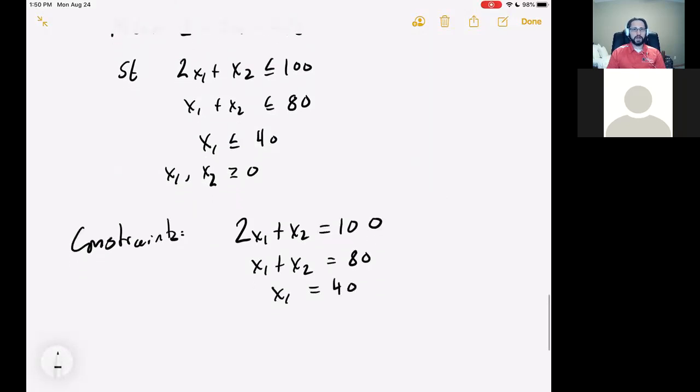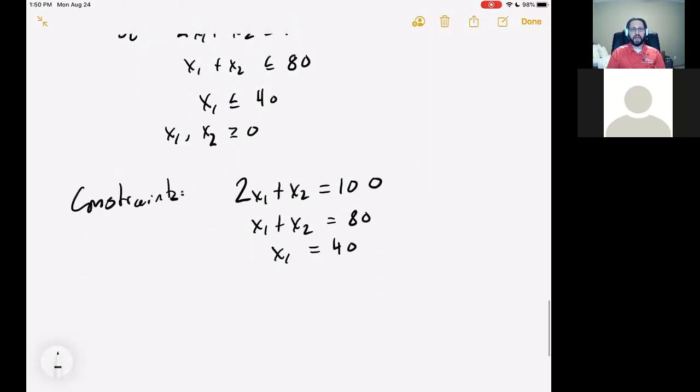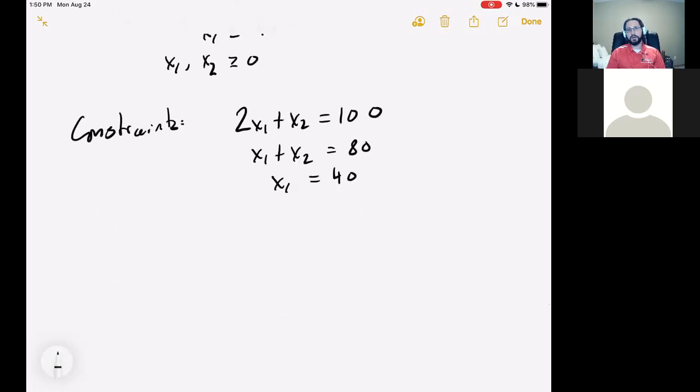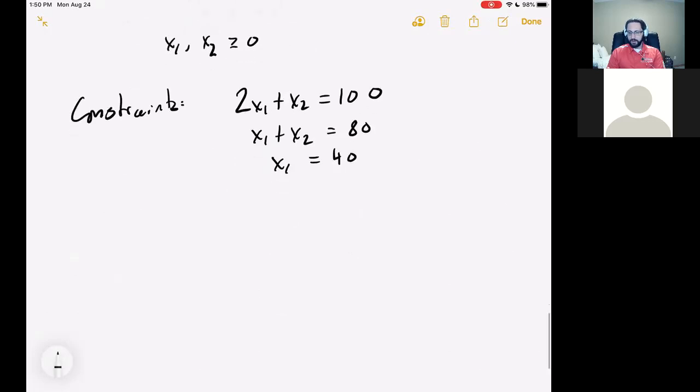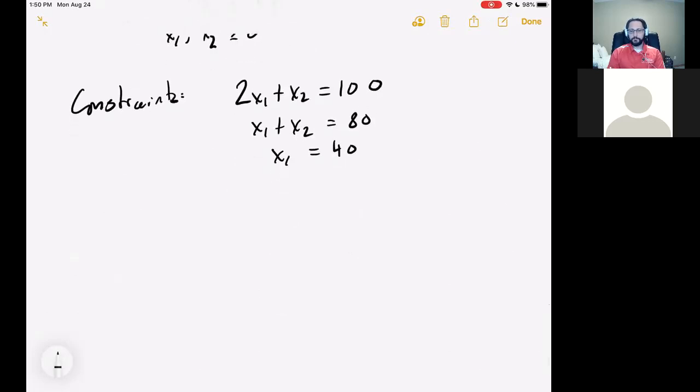The reason I'm choosing to do this is we have a lot of practice from algebra learning how to graph linear equations. I'm going to do this by denoting x2 as the vertical coordinate and solving for x2. That yields these equations.